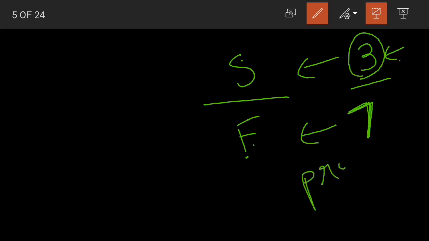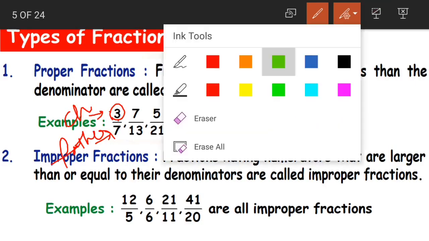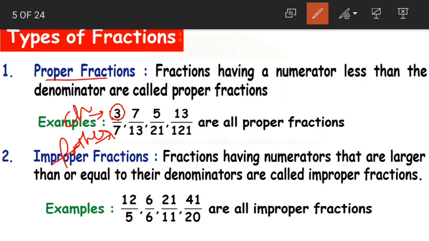This will be a proper fraction. It is the proper scenario, right? The father will be carrying the weight of the child. In the same way, the small number should be the numerator and the bigger number should be the denominator. In that case, we call it a proper fraction.